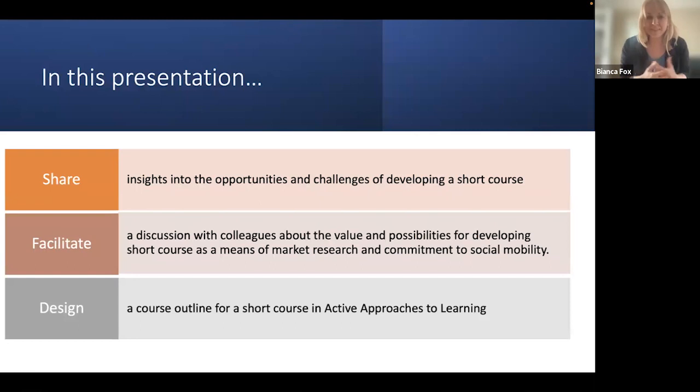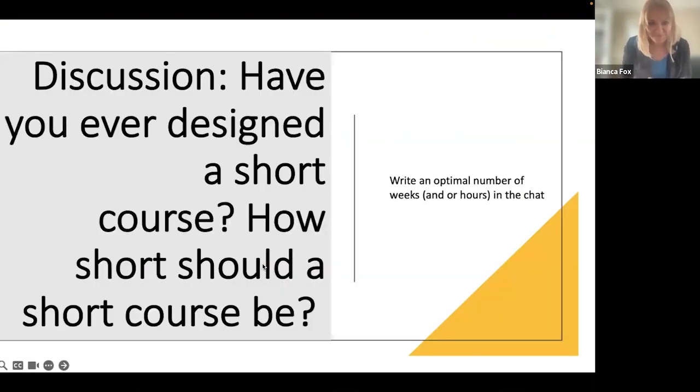We will try to facilitate a discussion with everyone about the value and possibilities for designing a short course and filling a gap in the market. And by the end of the session, hopefully, we will at least have designed a course outline for the short course in active approaches to learning. That's what we're aiming to do today.